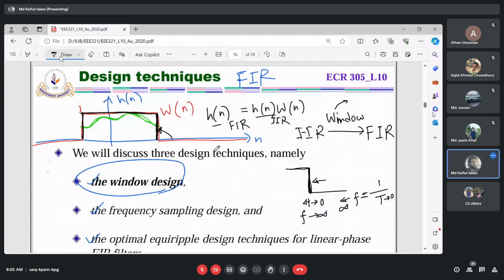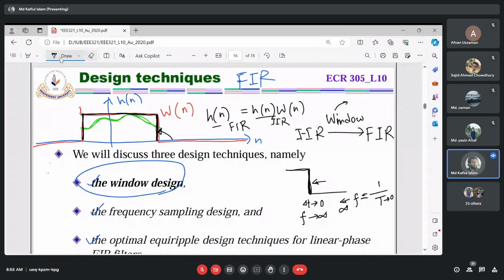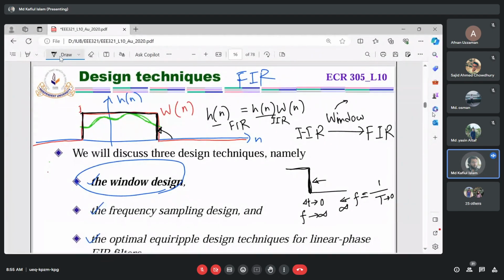Another thing is that when you are multiplying with 1, rectangular window means within the window period you are multiplying with the same value, 1. When you multiply anything with 1, is there any change in the value? Previously it was like this, and it will be the same if you are multiplying with 1.